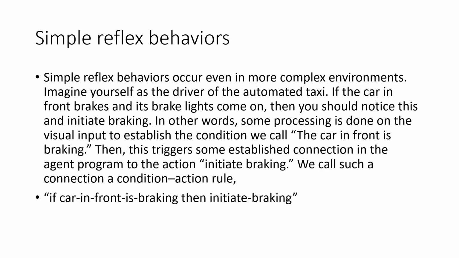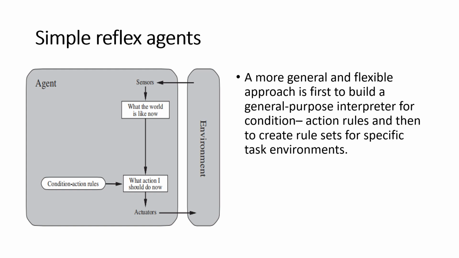So if a particular condition occurs, then a particular action should be taken. That is the condition action rule. Here the front car is applying brake. So the sensor perceives the environment and collects the information that the front car's brake light is on. So here we have to initiate the action, that is, we have to apply the brake. If car in front is braking, then initiate braking. That we can call a condition action rule. So this is the architecture of the simple reflex agent.